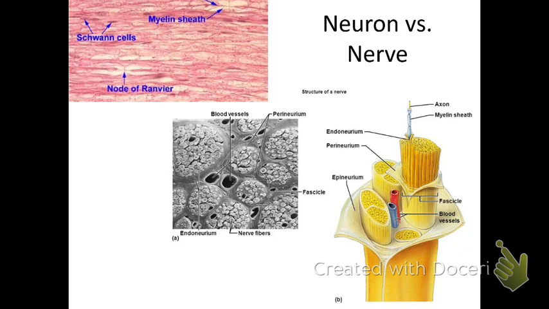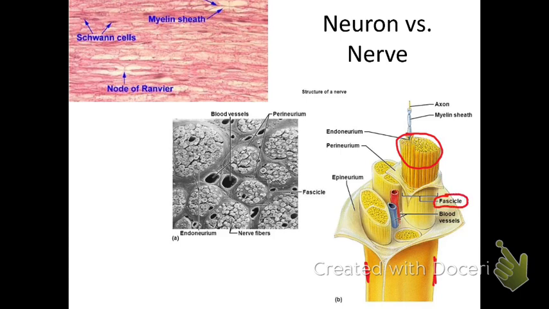So here is a diagram of a nerve. Okay, so it's a connective tissue encased structure. It is composed on the inside of axons. Okay, axons. And those axons are grouped in bundles called fascicles. So this is identical architecture to muscle.